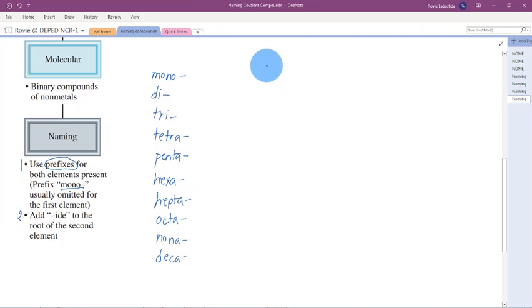So let's start with the most common compound, that is CO. According to the rule, use prefixes for both elements present. So we will name the first element, that is carbon.